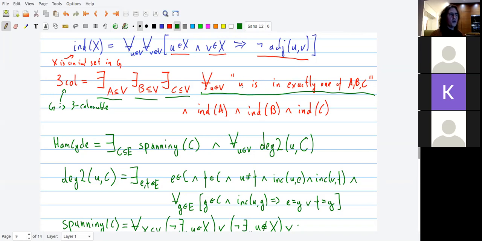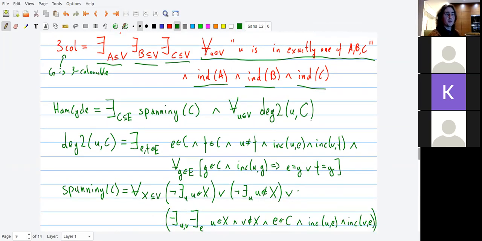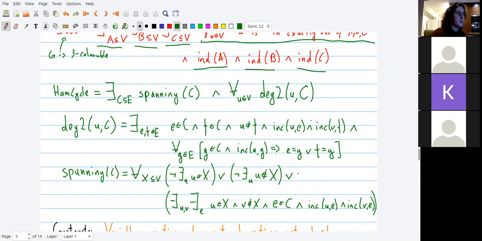I would write that either U is in A and not in B and not in C, or U is in B and not in A and not in C, and so on. And then I will just say that A is independent, B is independent, and C is independent. So this is quantifying that there is a partition of the graph into 3 independent sets, which is exactly 3-colorability.